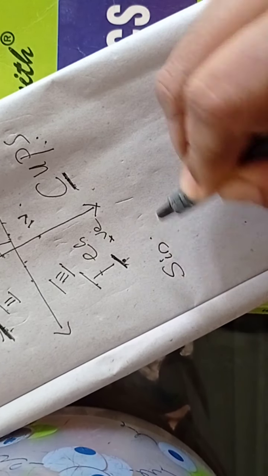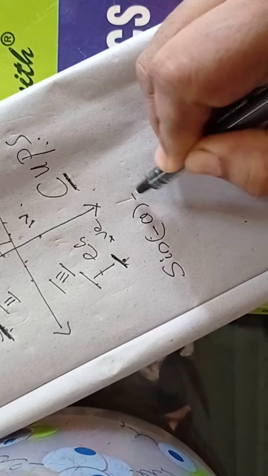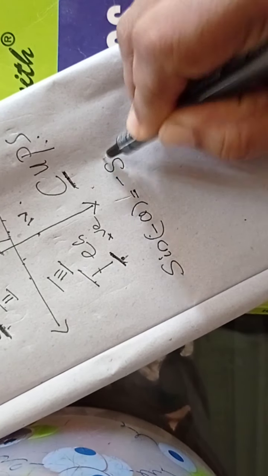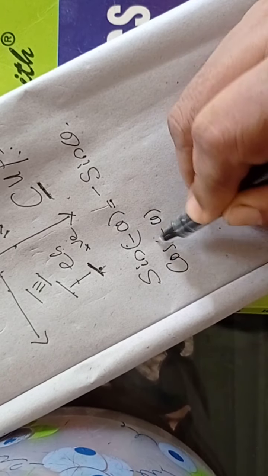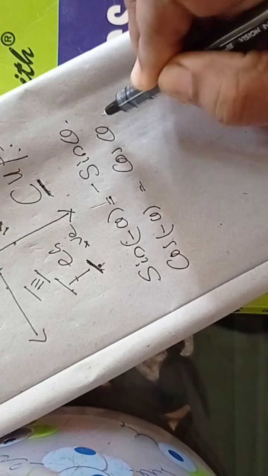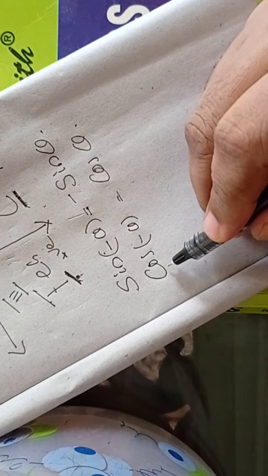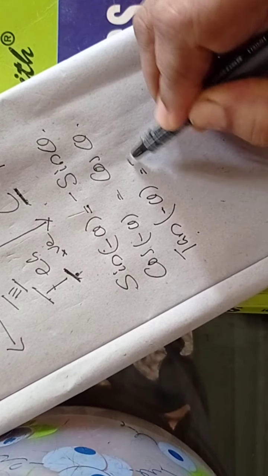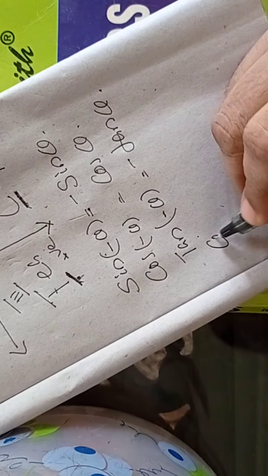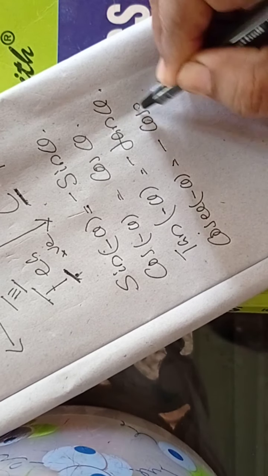Sine minus theta is equal to minus sine theta. Cos minus theta is cos theta, positive. Tan minus theta is minus tan theta. Cosec minus theta is minus cosec theta.